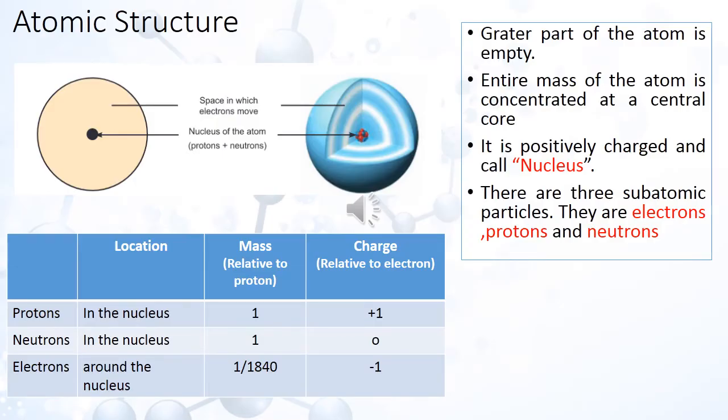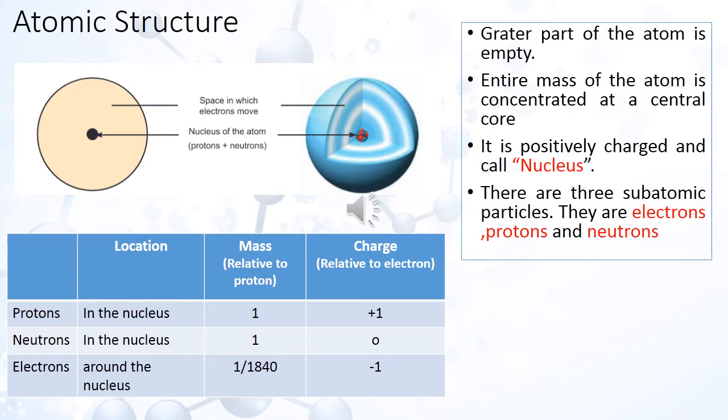Now we'll learn about the small particle, the atom. Observe this diagram thoroughly. In this diagram you can see the greater part of the atom is empty. And there is a small core at the center.